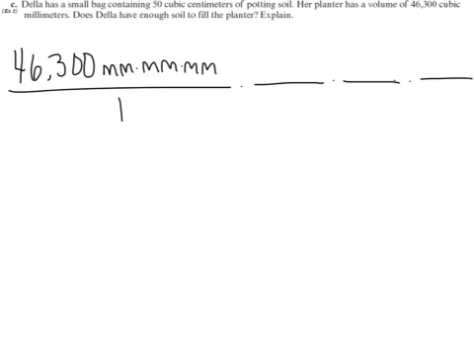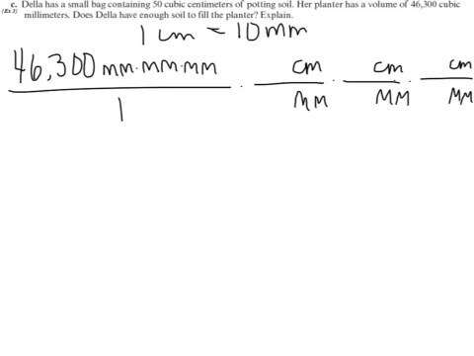The basics of all of them is that we don't want millimeters anymore, so they've got to be opposite where they are, so they're going to be on bottom. And we do want centimeters, so we'll put that in the opposite place. Now 1 centimeter equals 10 millimeters.